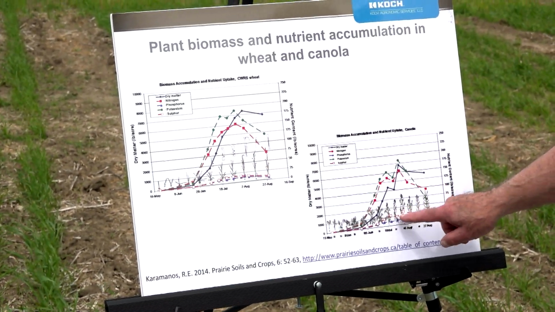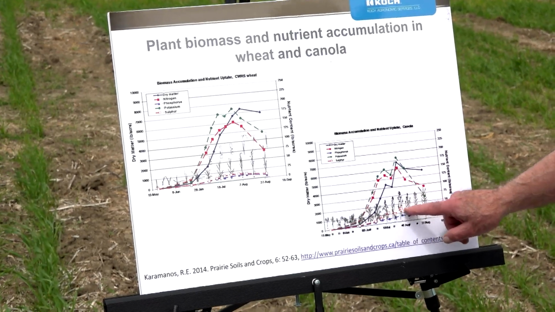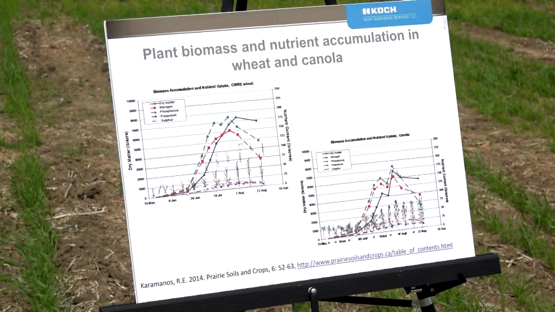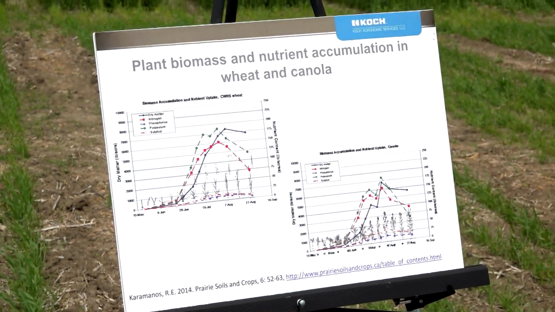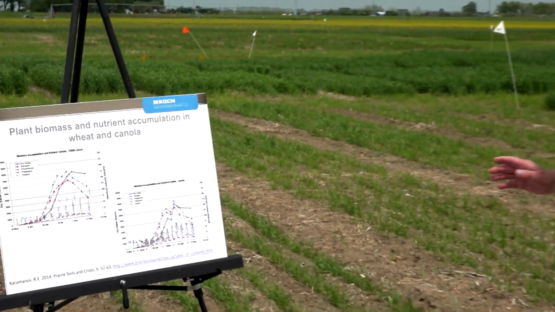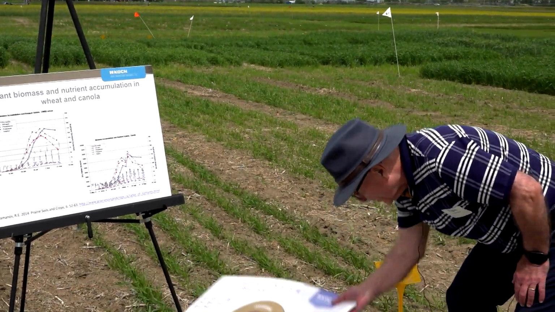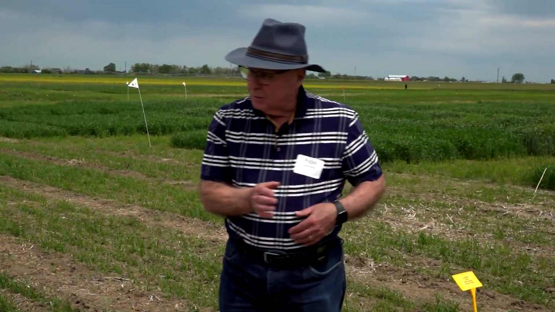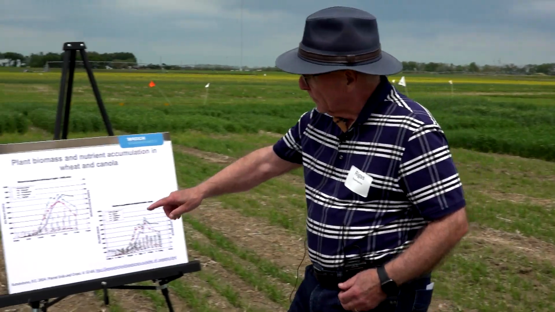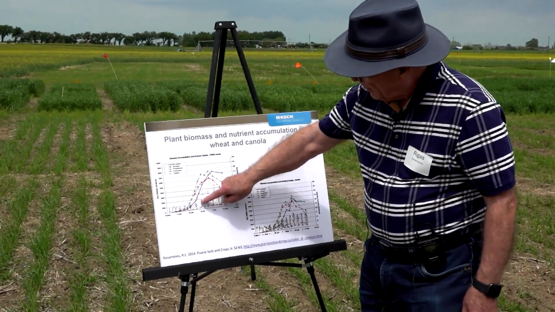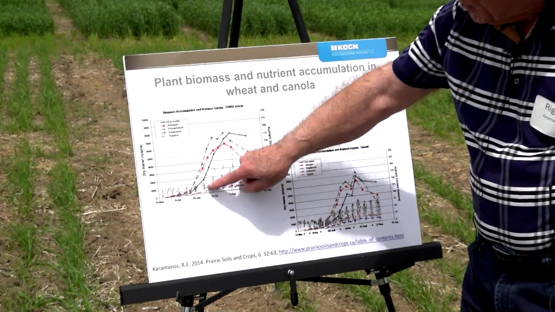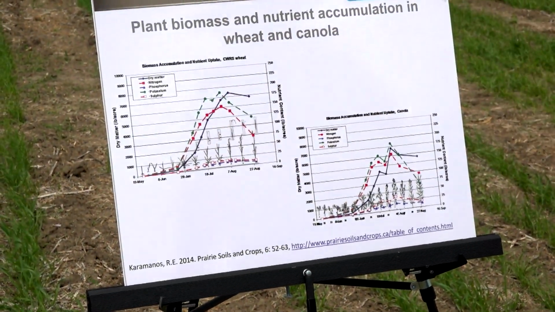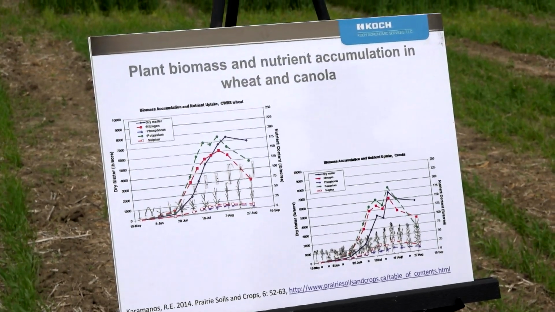Phosphorus and sulfur, you can see for canola, the sulfur is a little bit higher than it will be for wheat. But what is really important to notice here, which we'll come back to, and it's extremely important from a fertilizer user's point of view: look at this. 75% of the nutrient uptake takes place in the first quarter of the plant's life.